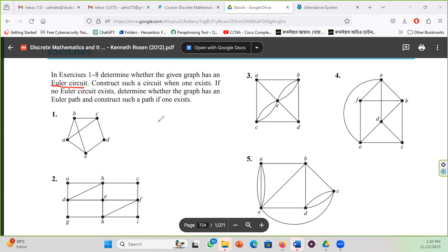Only Euler. When it is Euler, you need to consider all the paths, not the nodes. And when it's Hamilton, you need to consider all the nodes. So A is not Euler. Not Euler. 2 is Euler.